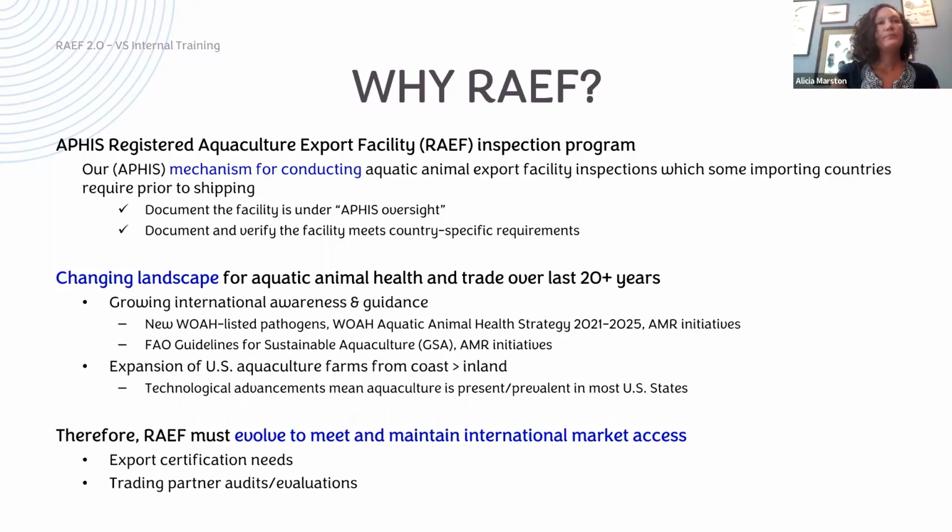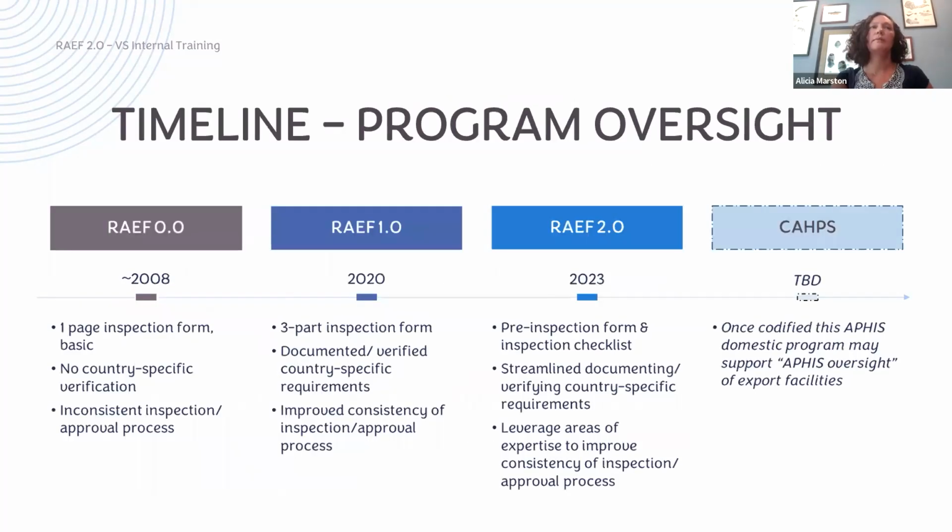So before we talk about RAEF 2.0, I just want to talk a little bit more about the transition of the various versions that you've been seeing. Back around 2008 was the first time that the RAEF program came out. There was a one-page inspection form.